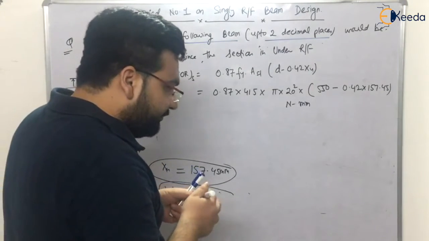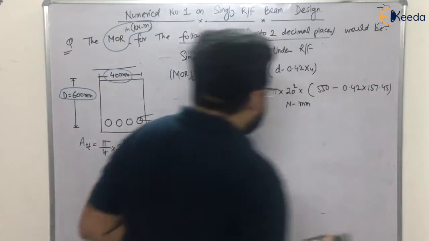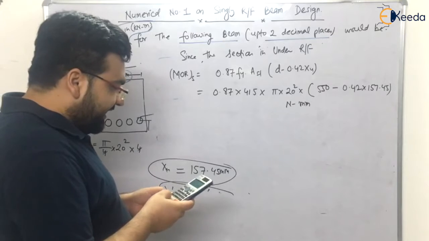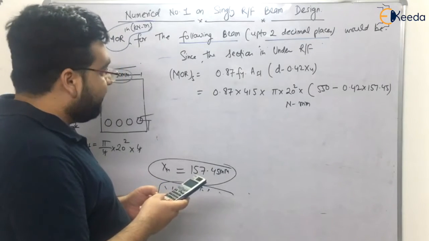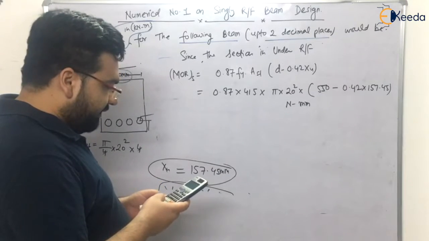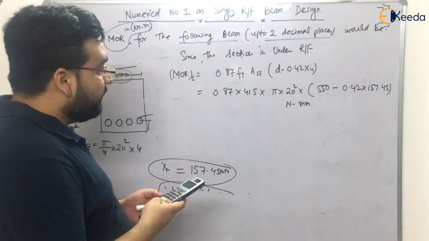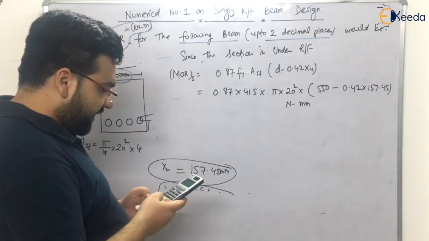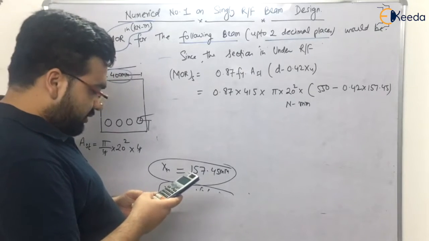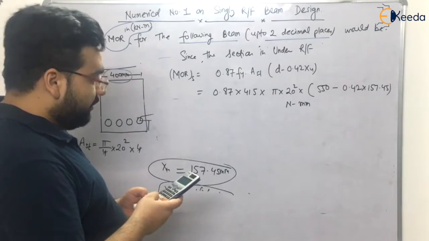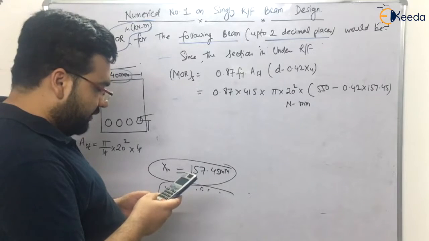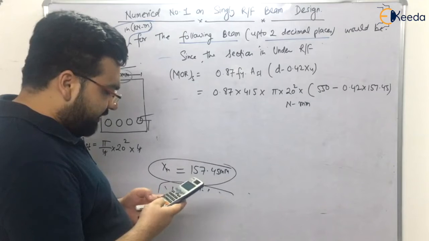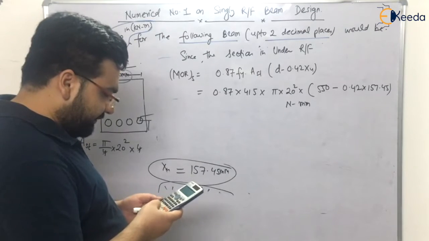So let us calculate it. You will get 0.87 into 415 into 3.14 into 400 into, in bracket, 550 minus 0.42 into 157.45, bracket close, divided by 10 raised to the power 6.